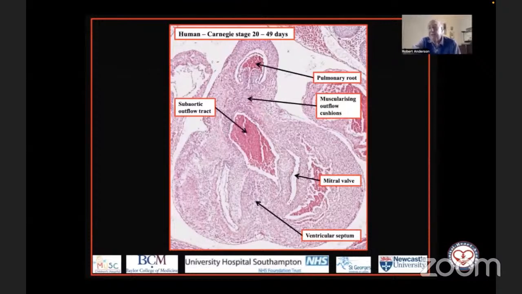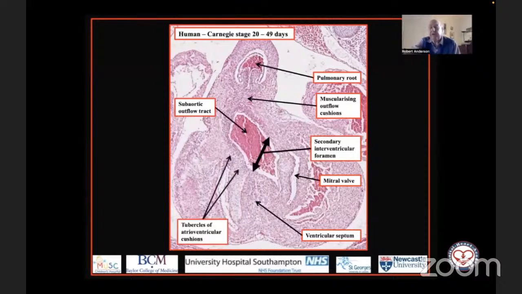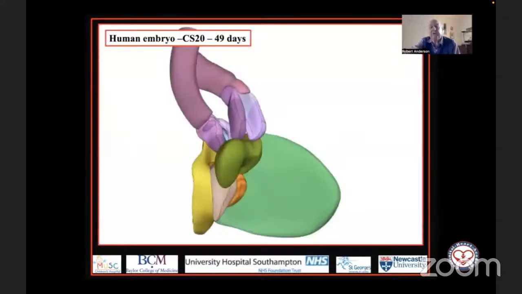Initially, it was part of the right ventricle, but now it has become the outflow tract of the left ventricle, connected to the cavity of the left ventricle through the secondary interventricular communication. And there are those tubercles that fuse together, and as you will see, they will eventually become the membranous part of the ventricular septum.